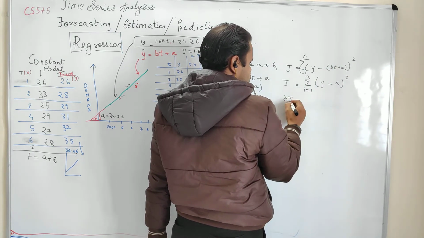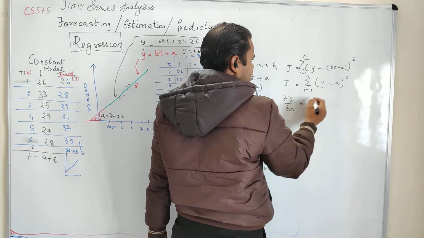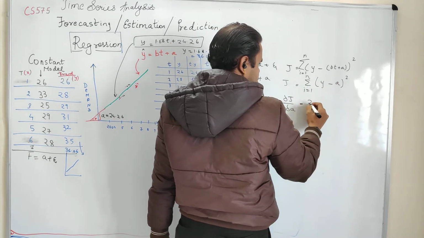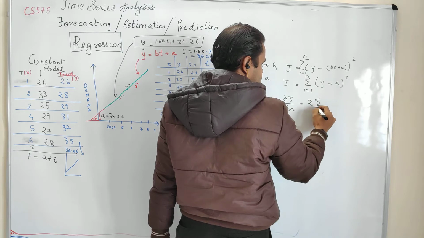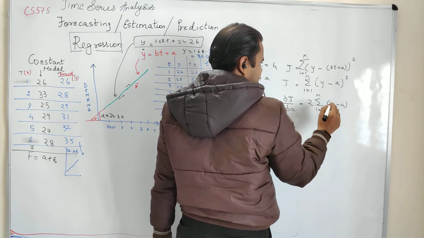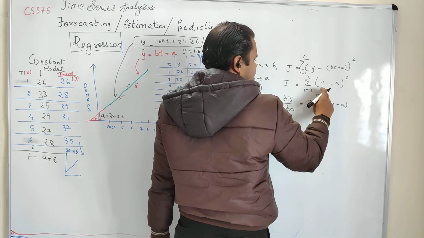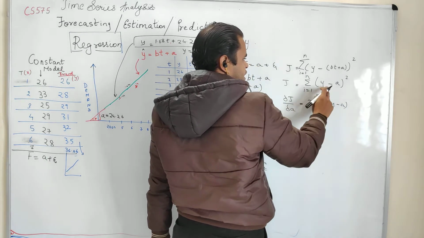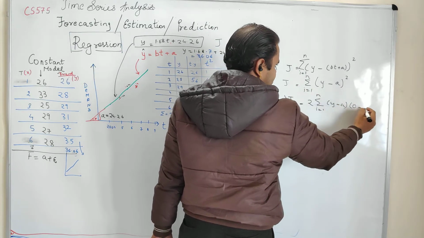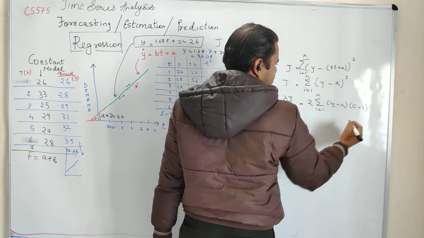When I do dou j by dou a, by the UV rule this will become twice the summation from i equal to 1 to n of y minus a. Differentiating with respect to a, y will become 0 and a will become just 1.